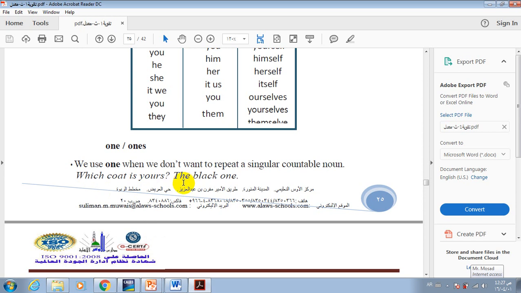In the answer we can say the black coats, or we can say the black ones.